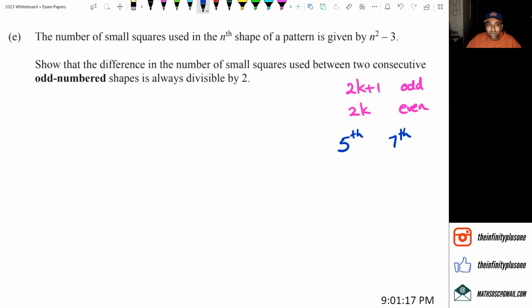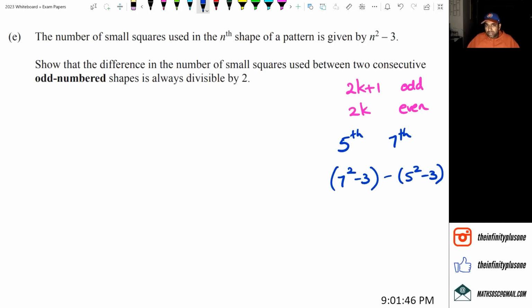Now if I was to subtract this, I would go 7 squared minus 3. That's going to give me the number of small squares in that 7th pattern, minus 5 squared minus 3. And then I'm trying to figure out whether that answer is equal to 2. But I've got to prove it, so I've got to actually use algebra on it.